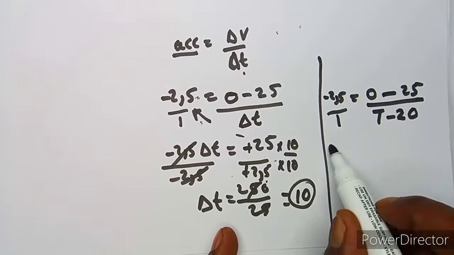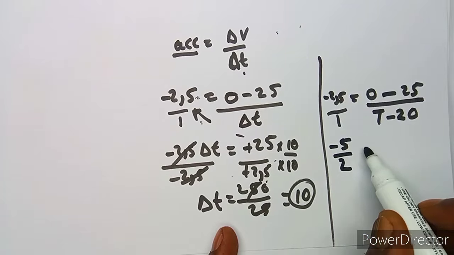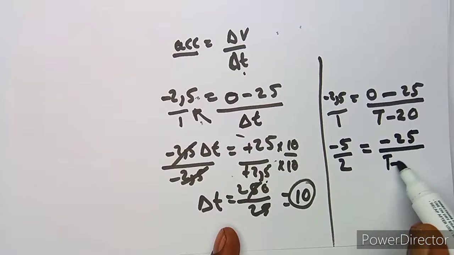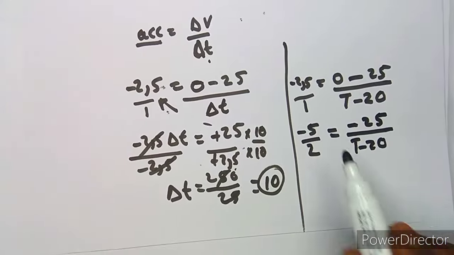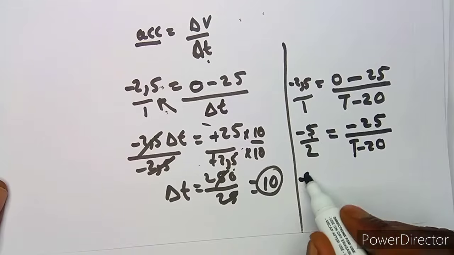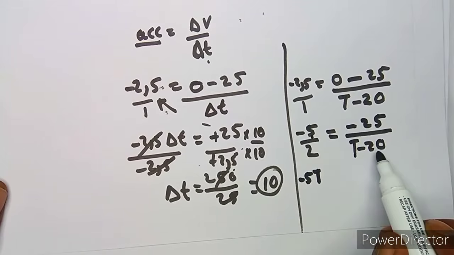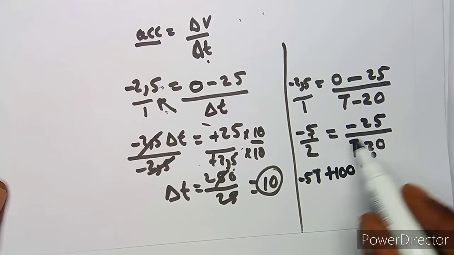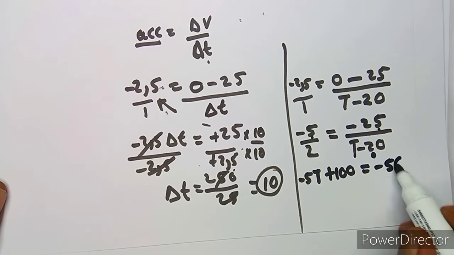Remember, -2.5 is the same as -5 over 2, which is equal to 0 minus 25, that is -25 over t minus 20. So you can cross multiply: -5 times t minus 5 times -20, which gives positive 100, equals 2 times -25, which is -50.